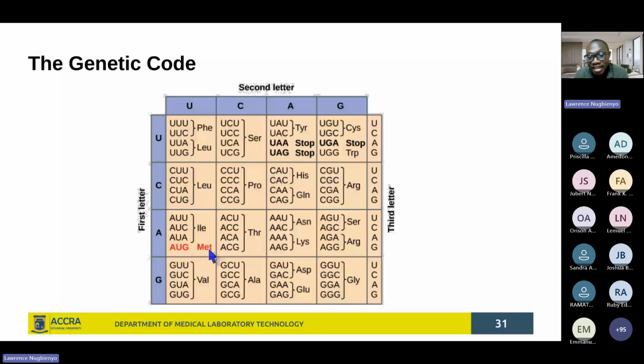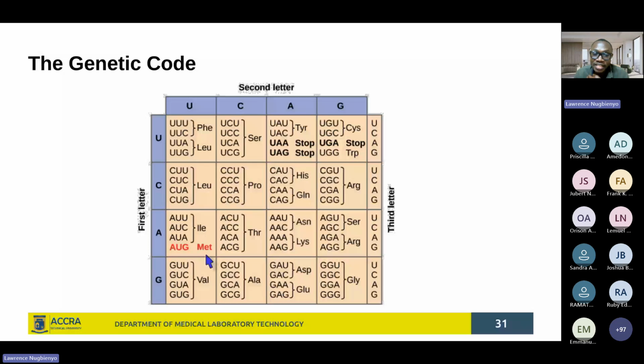And what it also means is that the beginning of the peptide chain synthesized from the messenger RNA is always methionine, because that is the amino acid that the code AUG codes for. I mean, it should be easy to remember. AUG looks like a short form of August. So when you remember August, then you know that is the code for methionine, the start codon.